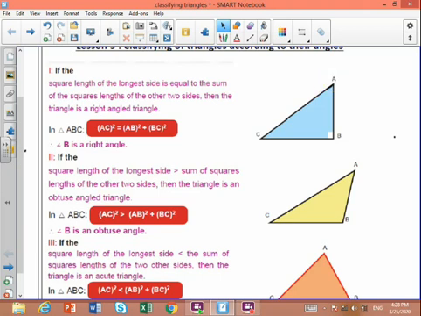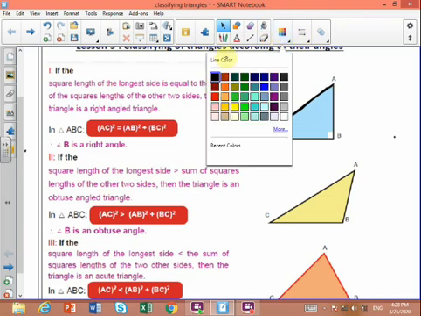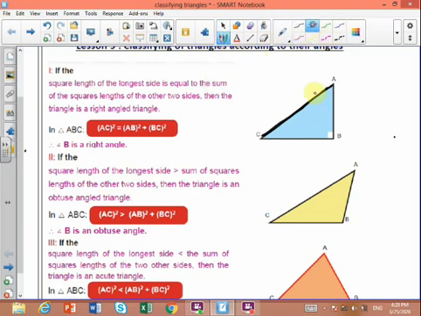The square length of the longest side, here AC, if it is equal to the sum of the squares of the other two sides, then the triangle is a right angled triangle.